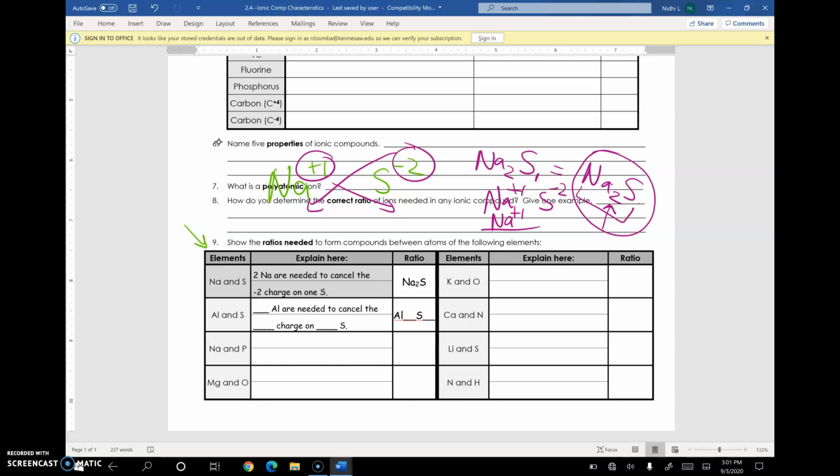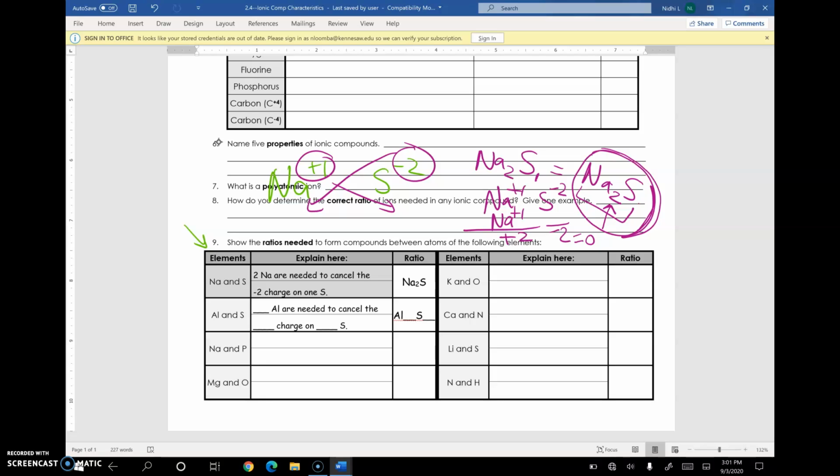Let's do the math here. This is +2. This is -2. +2 minus 2 is 0, which is why when you put together this formula here, there is no charge on it because the charge has been balanced by each of their charges.